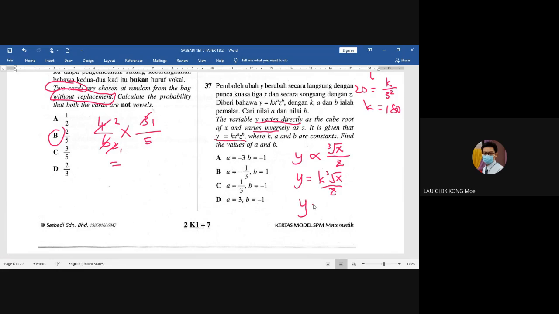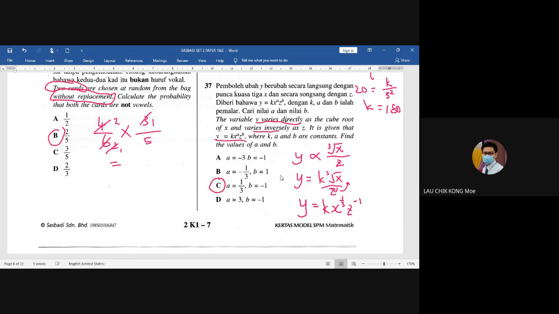So y equals k, x to the power of cube root is 1 over 3. And then z, actually this is z to the power of 1. When we move it up, it becomes negative 1. So a is 1 over 3, b should be negative 1.